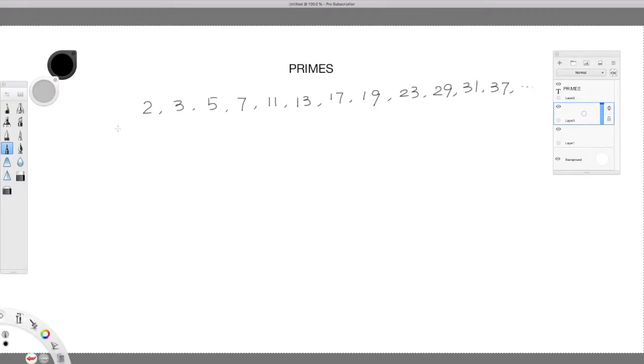So what are primes? Primes are defined as something non-factorable anymore.